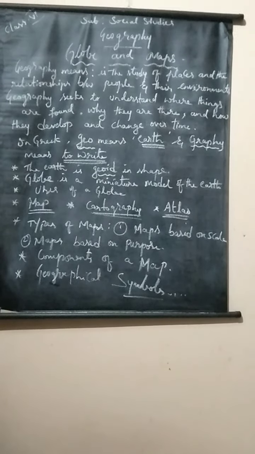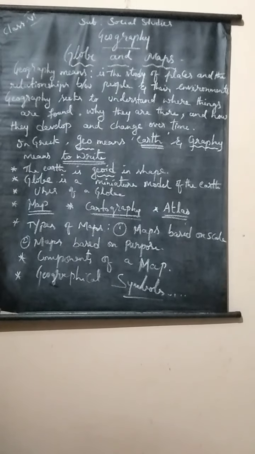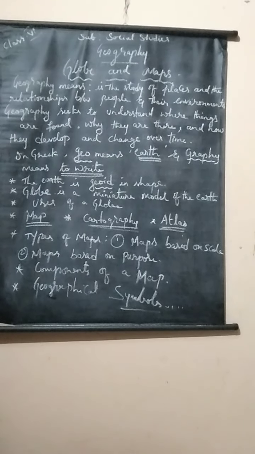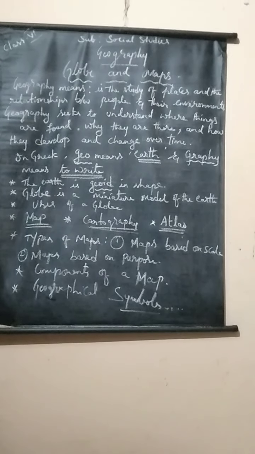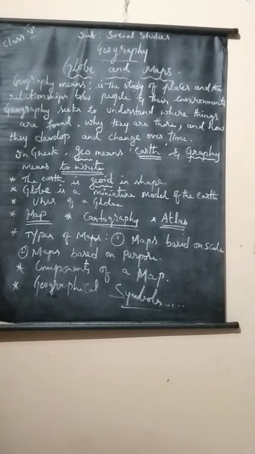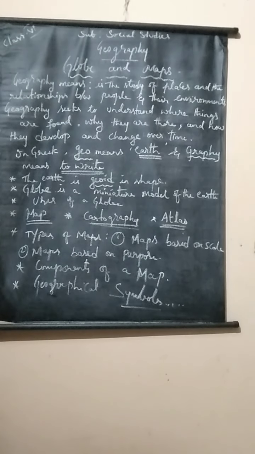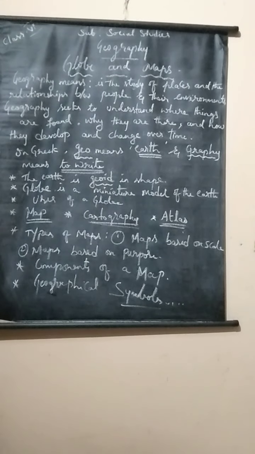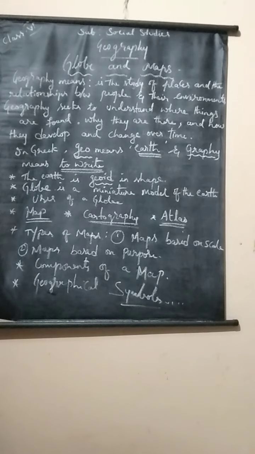They are given below. That is to locate places, to find the direction, to find the distance. To locate the place on a map, we have to know the latitude and longitude on which the place is located.